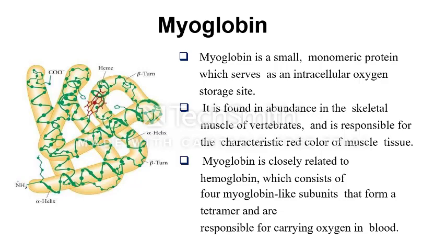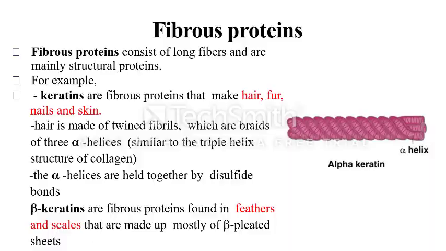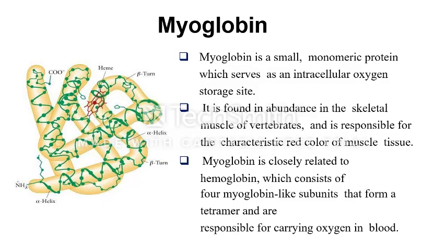Then are the myoglobins. Myoglobin is a small monomeric protein which serves as an intracellular oxygen storage site. It is found in abundance in the skeletal muscle of vertebrates and is responsible for the characteristic red color of the muscle tissues. Myoglobin is closely related to hemoglobin, which consists of 4 myoglobin-like subunits that form a tetramer and are responsible for carrying oxygen in the blood.